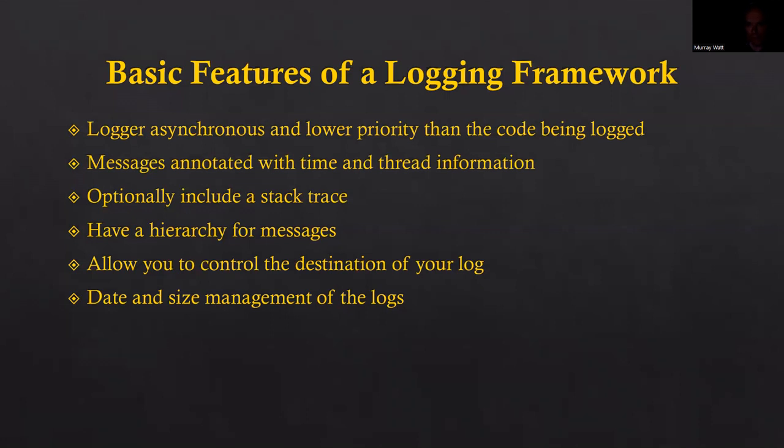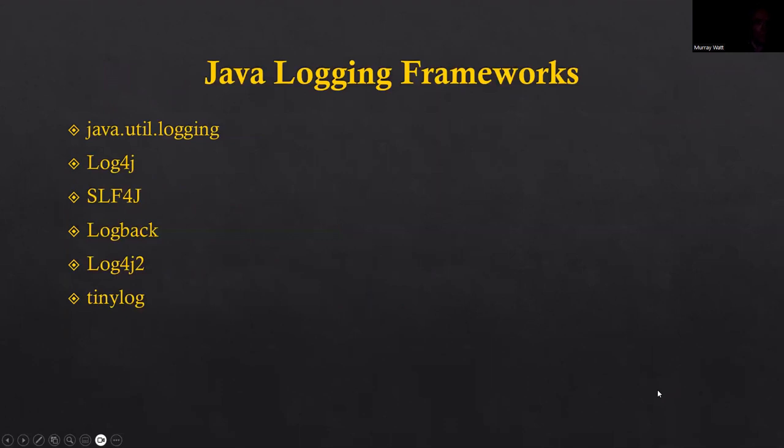As for logging frameworks available to use with Java, I'm going to start by talking about Java util logging. It has all the basic functionality you want from a logger, but it's hard to customize.